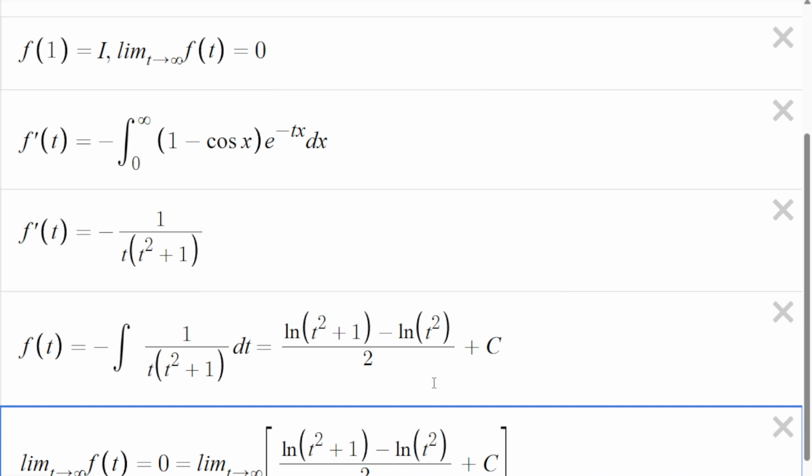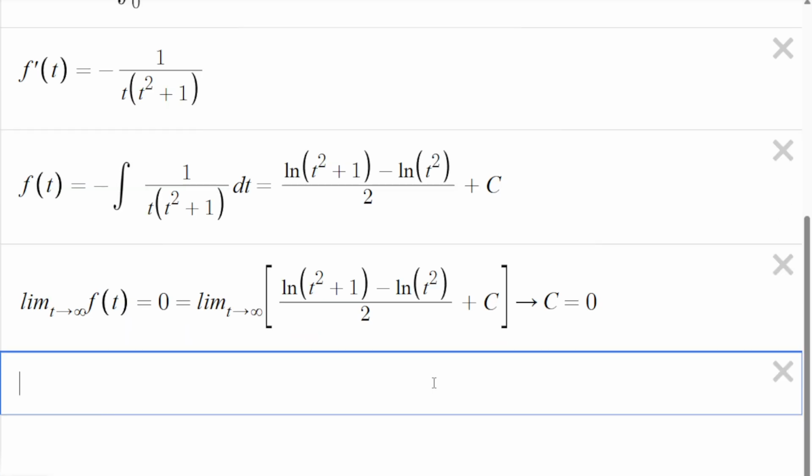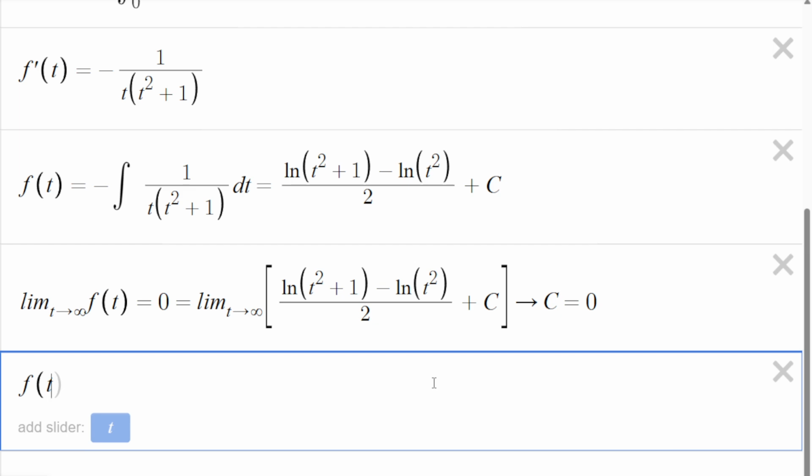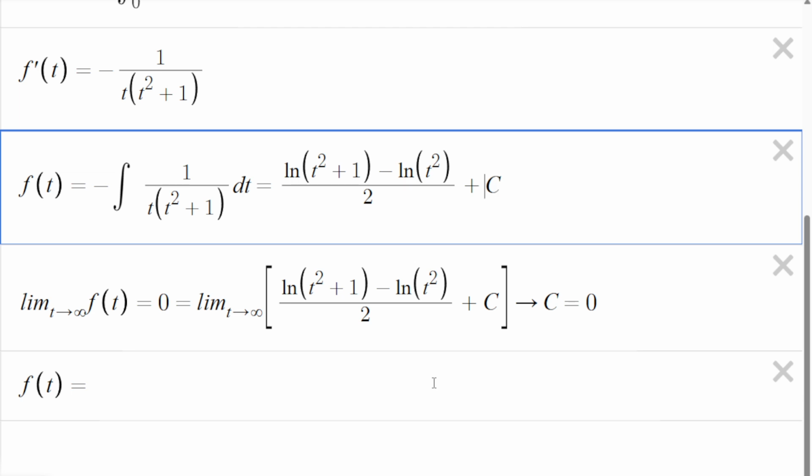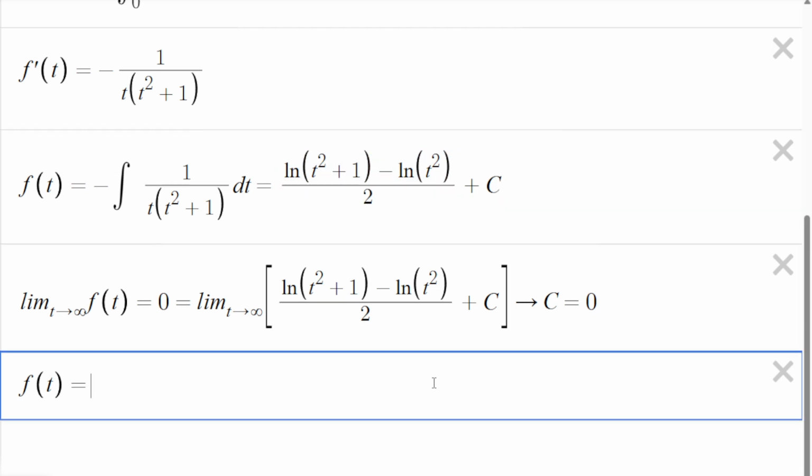It's pretty clear that this part is going to be 0. So we have 0 is equal to 0 plus c. That implies that c is equal to 0. So our final expression for f of t is just this part right here.